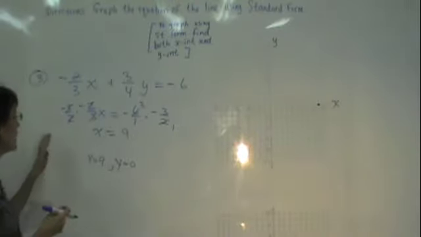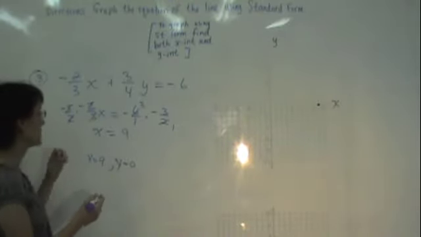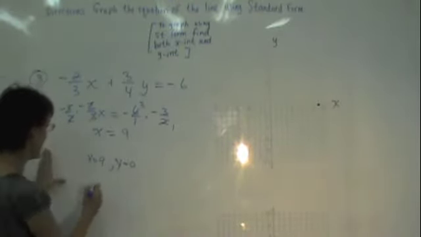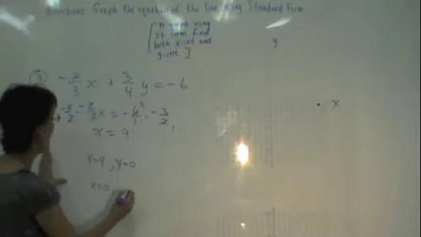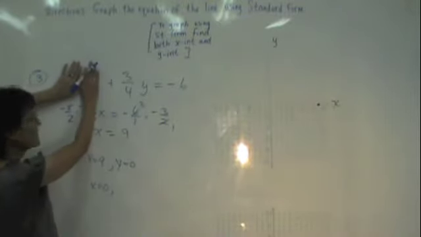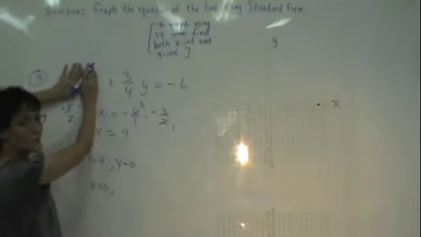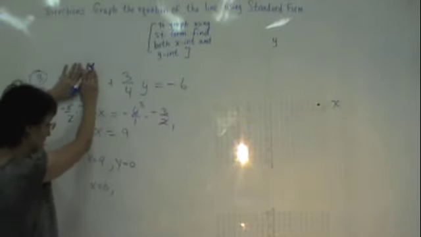If we want to solve for the other one, now x is going to be equal to 0, so we're looking for y. If x is equal to 0, then this is going to be completely gone, and I'm just going to drop this down: 3/4 y equals negative 6.